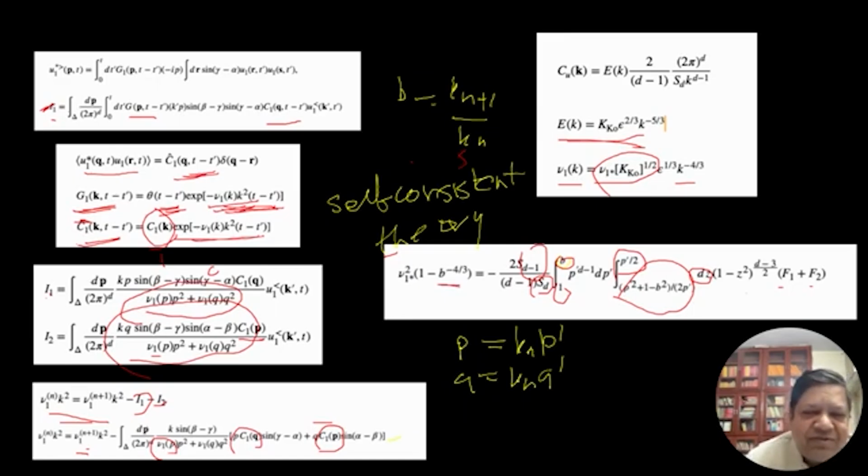That 4/3 comes here. So if I take this to the left hand side, here I get nu n squared b to the minus 4/3. Now why this nu n squared? That's another interesting aspect.